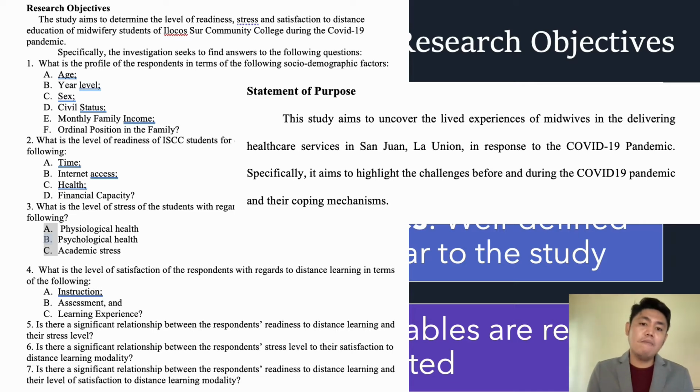Now, for example, your paper also has a correlation in its statistics. You want to see how this variable affects the other. So you will also now put additional specific objectives or research questions. Example, is there a significant relationship between the respondents' readiness to distance learning and their stress level?